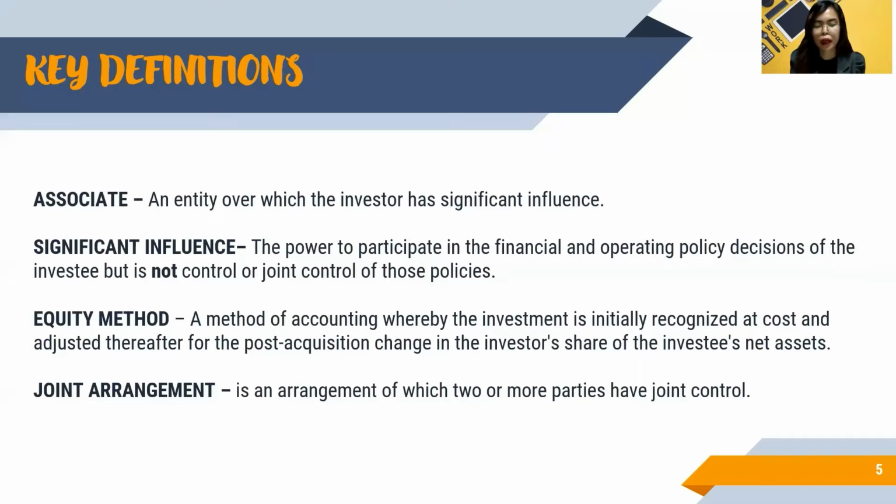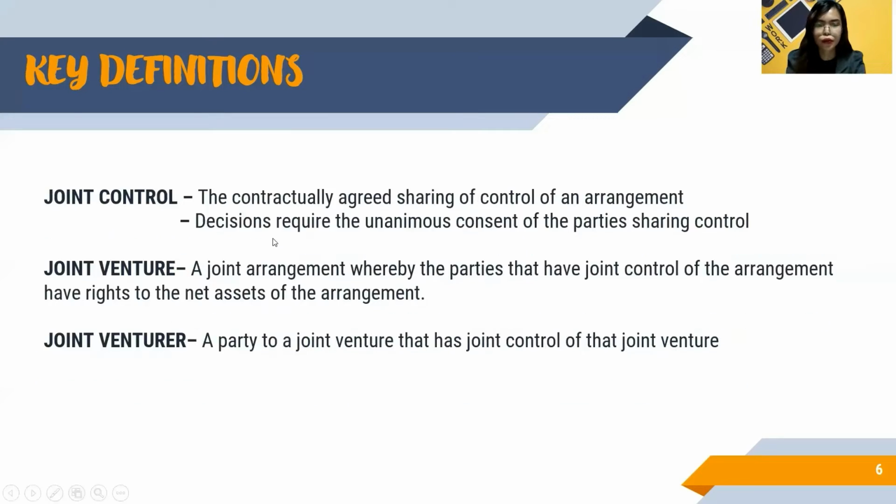Next, we will talk about the equity method. This is a method of accounting whereby the investment is initially recognized at cost and adjusted thereafter for the post-acquisition change in the investor's share of investee's net asset. So, we will be talking about the equity method later on. So, next is joint arrangement. It is an arrangement of which two or more parties have joint control.